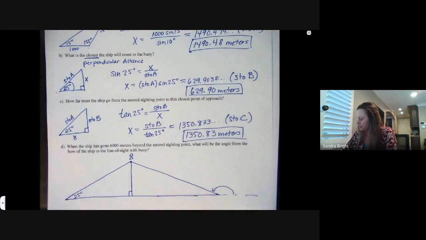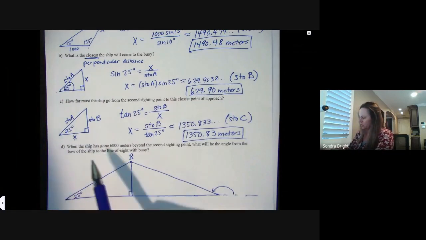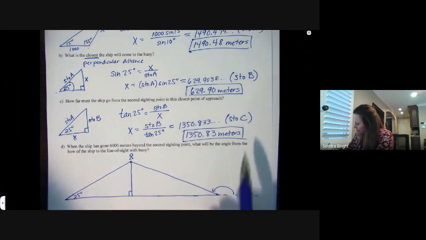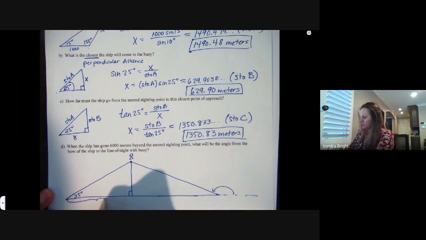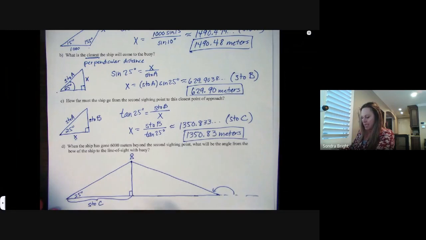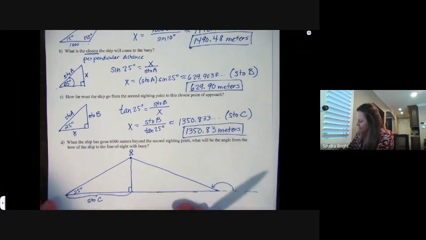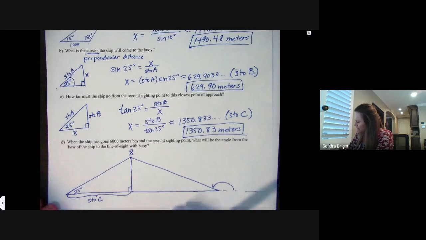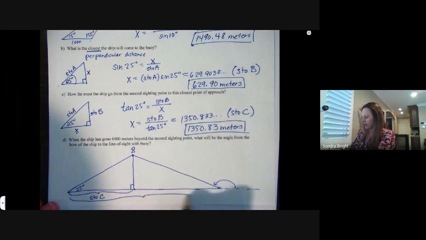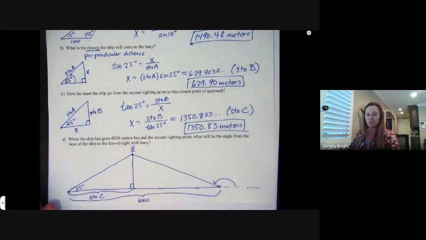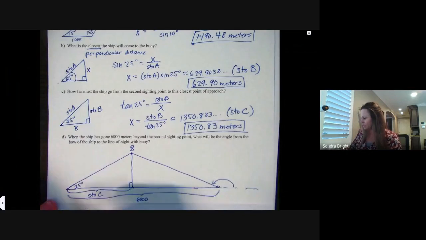Let's fill in what we know. This distance here is that stored C value that we found on the last one, from 25 degrees to that perpendicular spot. I don't know this distance here, but I know it went 6,000 more. The whole distance from the second sighting point to this edge is 6,000.